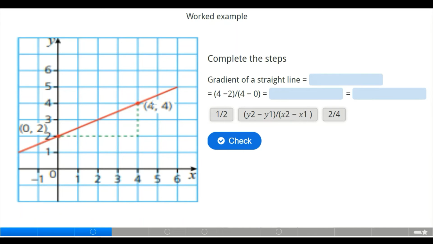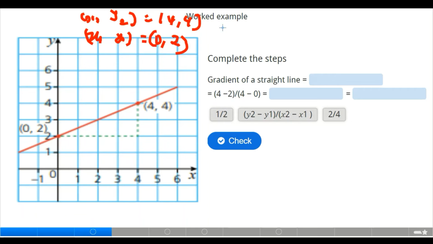For this graph, we have our X2 and Y2 to be 4, and X1, Y1 to be 0 and 2. So Y2 takes the value of 4, Y1 is 2, X2 is 4, and X1 is 0.